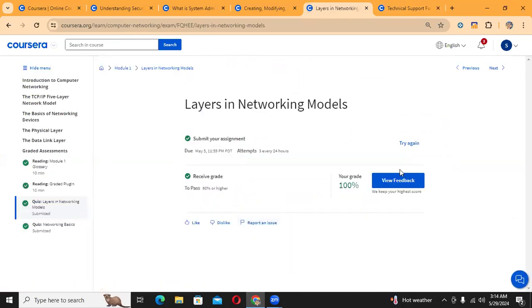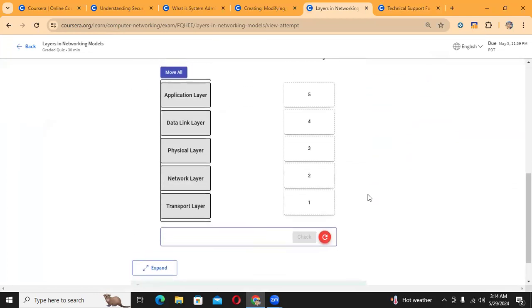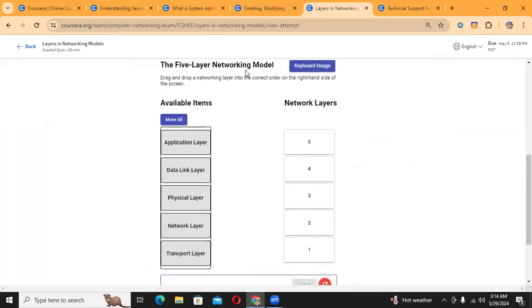It's about layers in the networking model. Basically, we have this image of the five networking layer model. We will choose one, two, three, four, and five. It means one starts from the bottom.